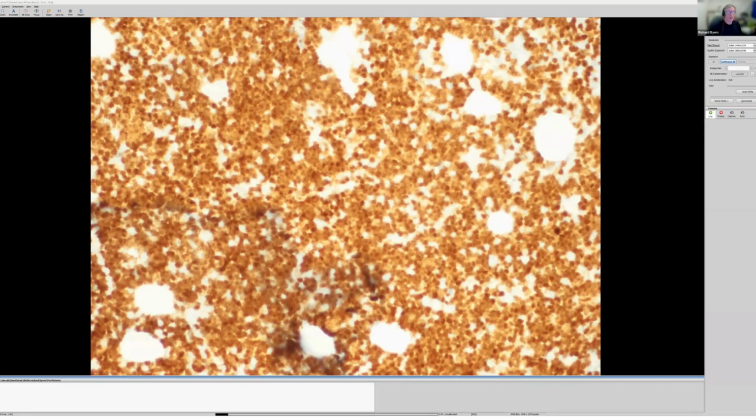So if you look at the WHO, it says that mainstream mantle cell cytology is characterized by small to medium cells with scanty cytoplasm and pleomorphic and blastoid variants.